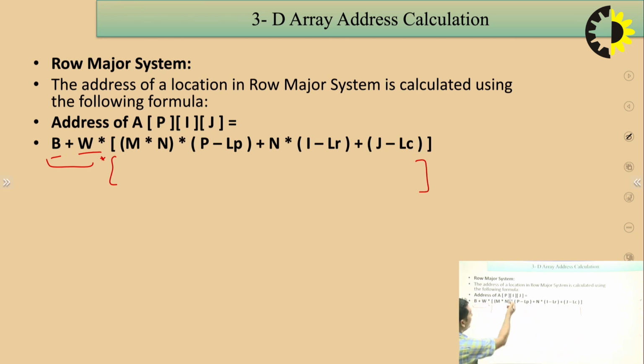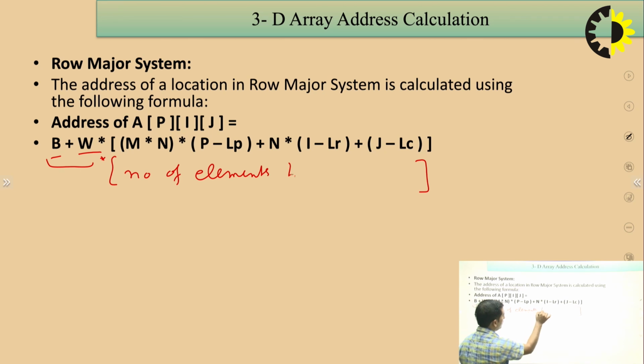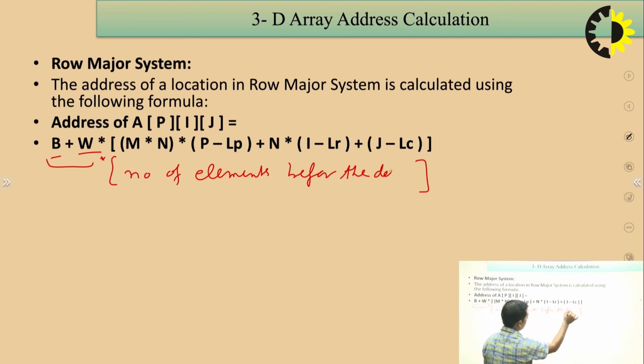We are calculating the number of elements before the desired element. How to calculate?